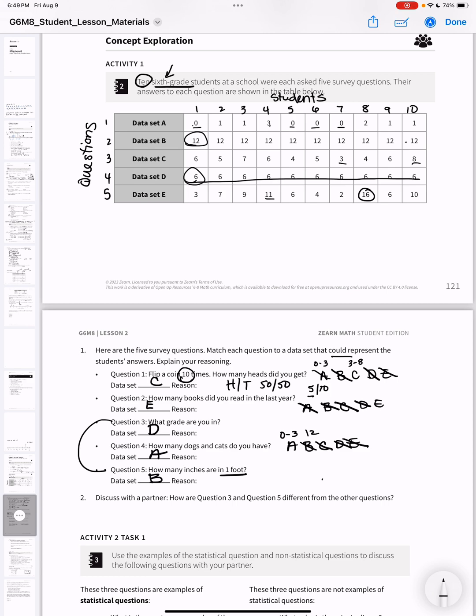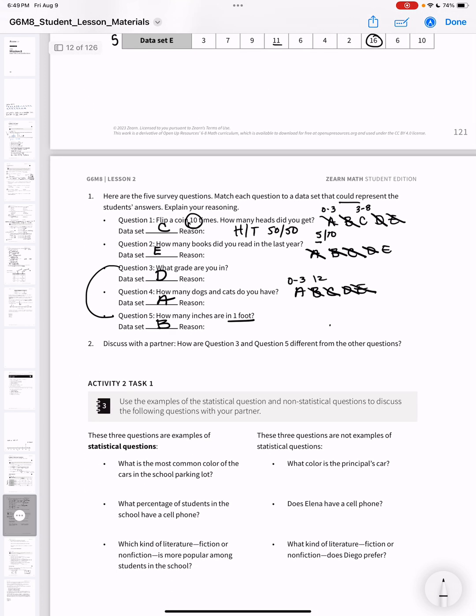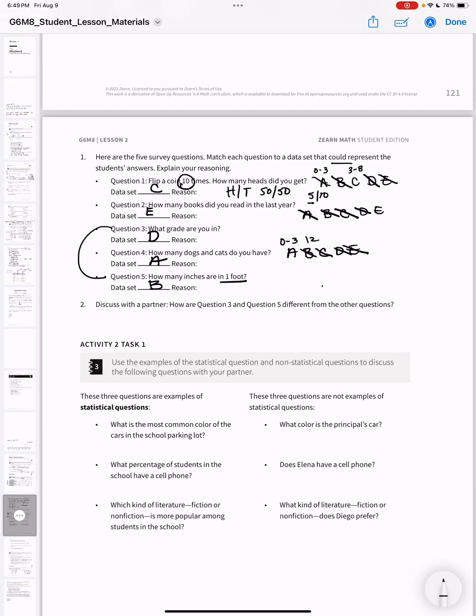So that brings up a really good vocabulary word that we need to know. Variability. Please write this down. So variability means not every data value is the same. In D and B, every data value was either 12 or 6. So that doesn't give us variety.